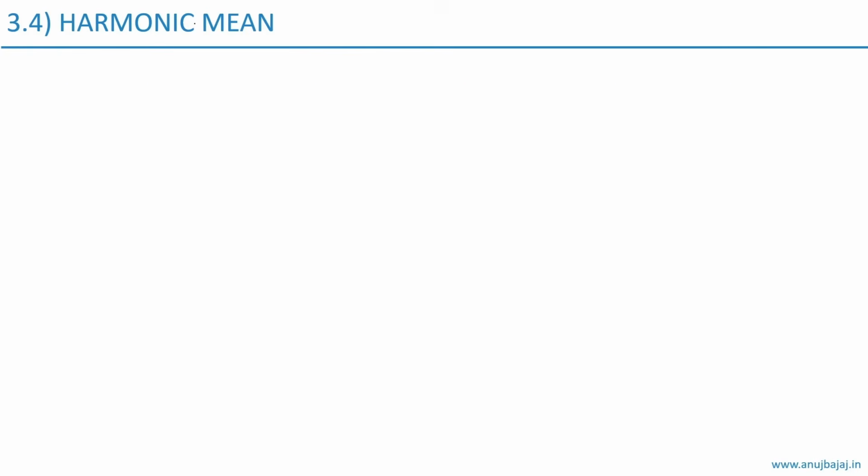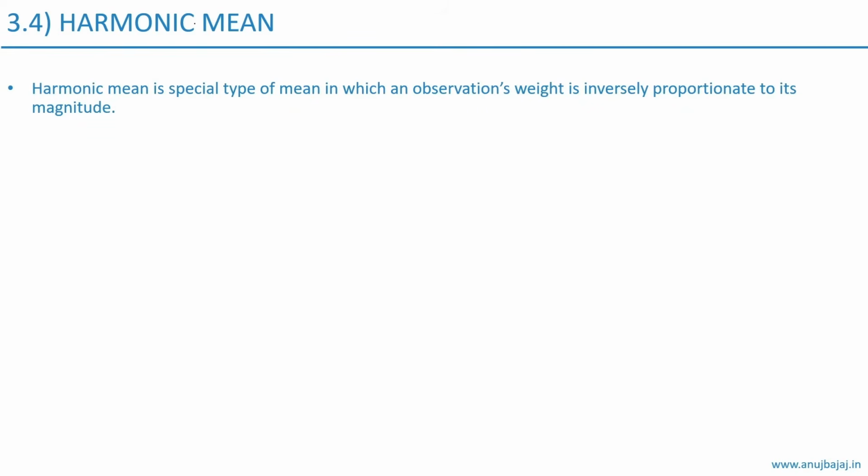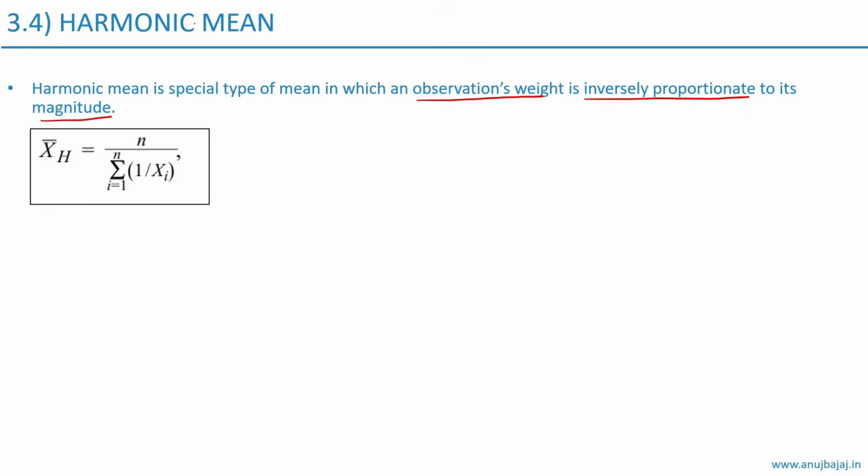Now, we will look at the fourth mean, which is the harmonic mean. Harmonic mean is a special type of mean in which an observation's weight is inversely proportionate to its magnitude. Let us understand this by looking at the formula.